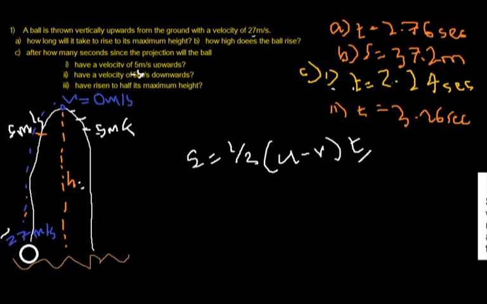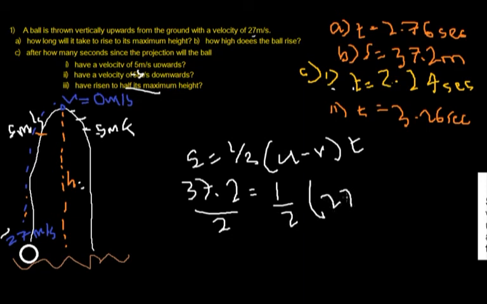So we have to calculate the time. t will be unknown, but the maximum height we have already calculated, which is 37.2 meters. So S will be 37.2, but this time it says half its maximum height, so we divide by 2, which is equal to half multiplied by the initial velocity 27 minus the final velocity at the maximum height, which is 0, and then the time is unknown.